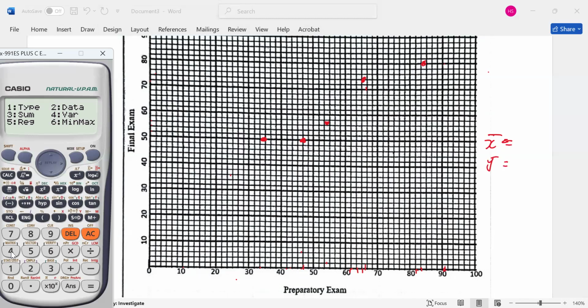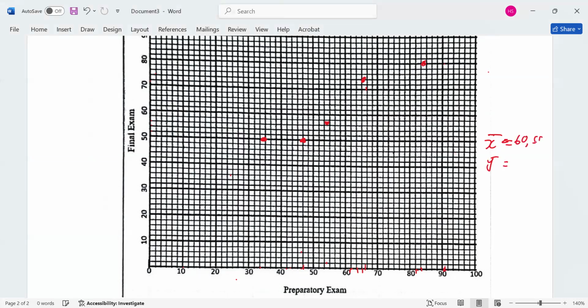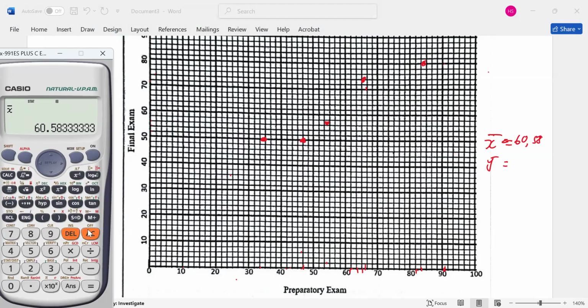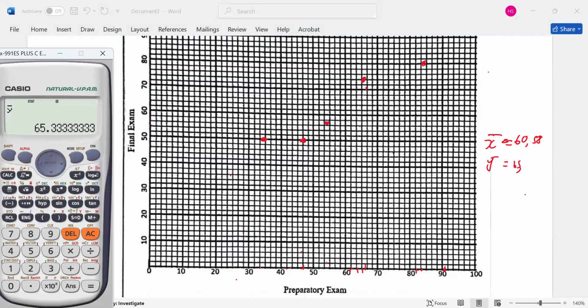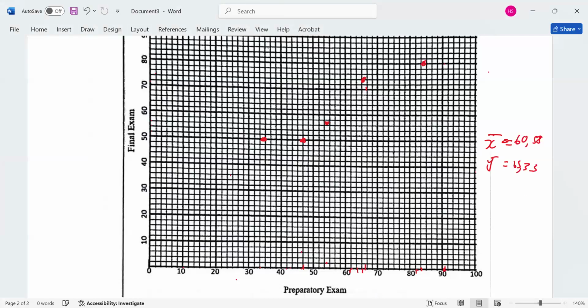So we have the X mean, 60.58. Then let's check the Y mean, 65.33. Okay, let's go and look for this one.